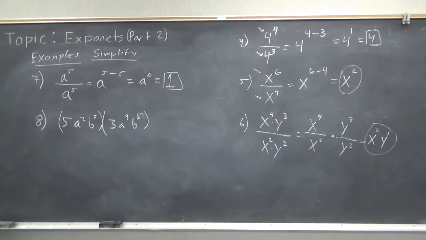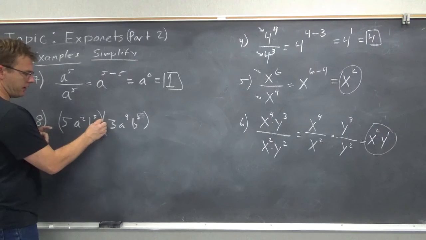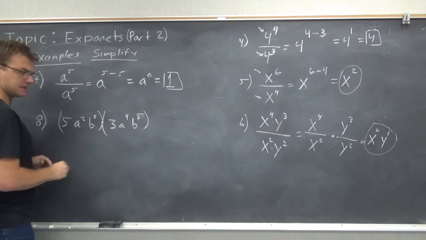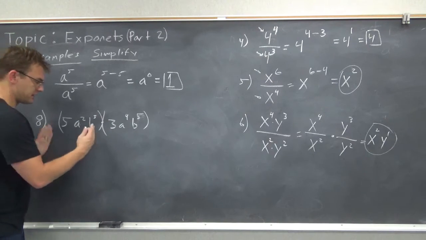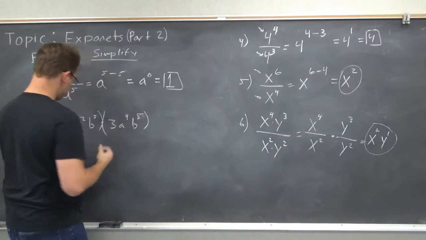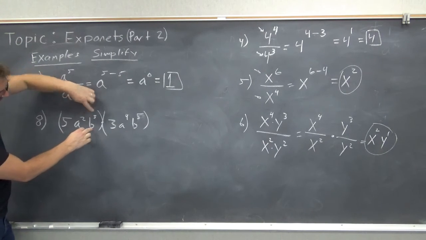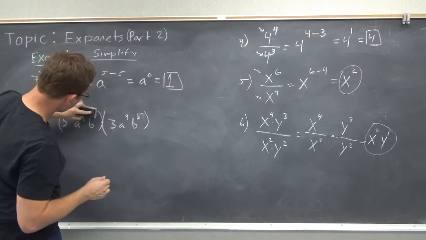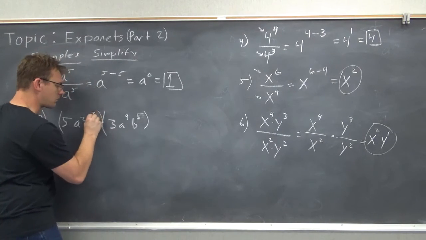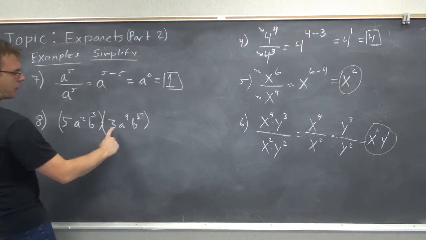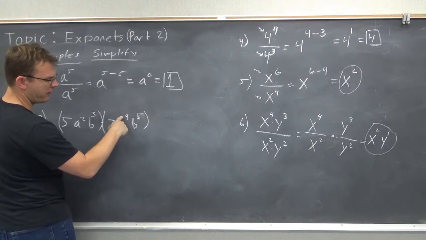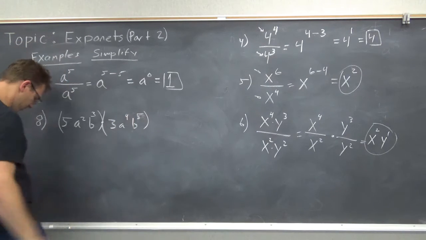Okay. Number 8. Uh-oh. Well, remember, this is parentheses. This is parentheses. This times this. This is 5a squared times b to the 3rd times 3a to the 4th times b to the 5th.